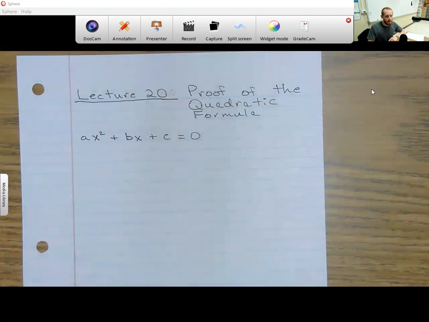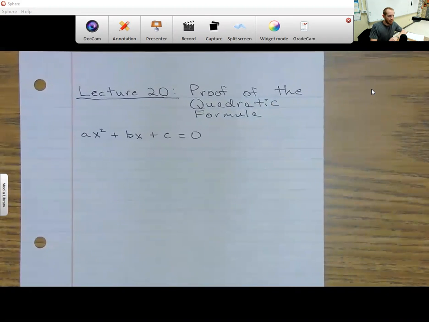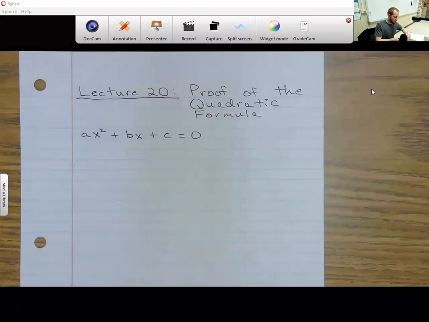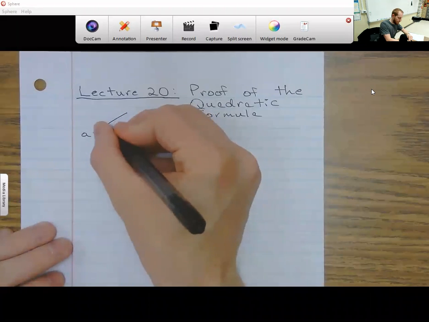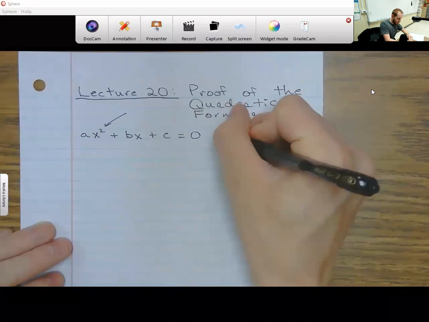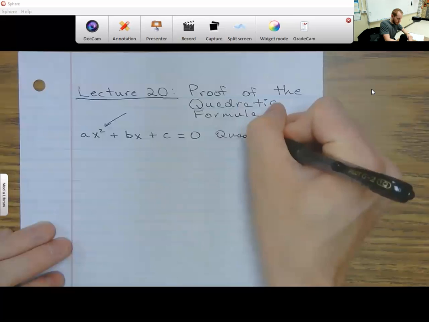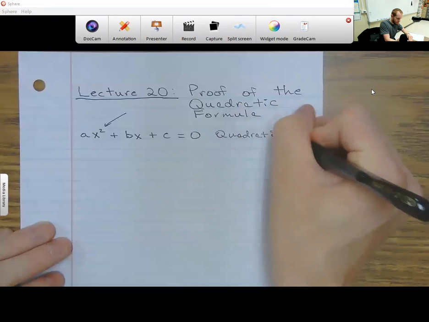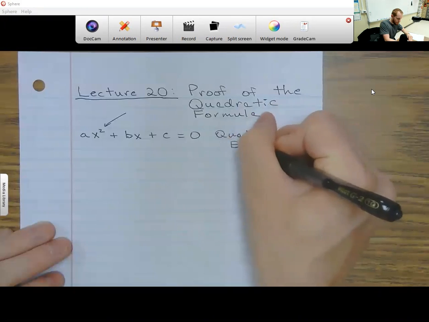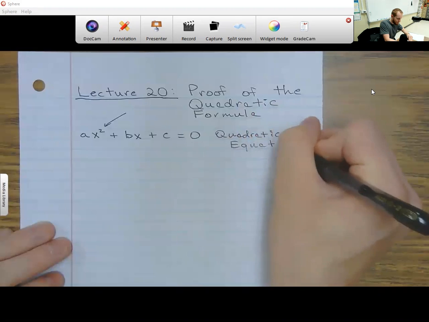Okay? So that's your standard quadratic equation. And we know it's quadratic because of the exponent, right? So this is what's known as a quadratic equation.